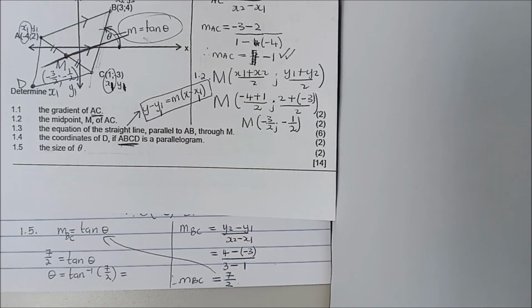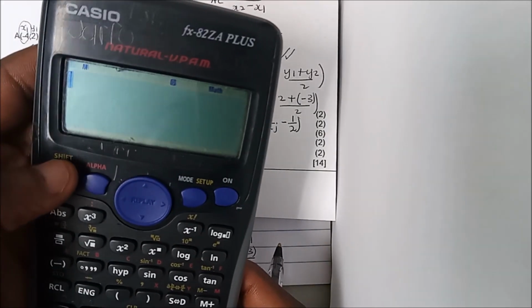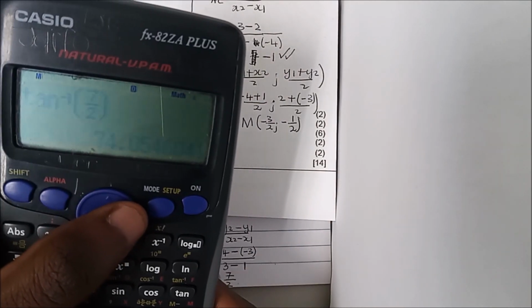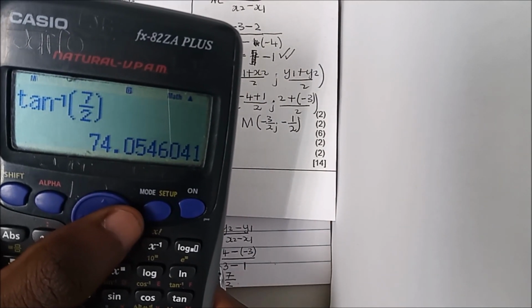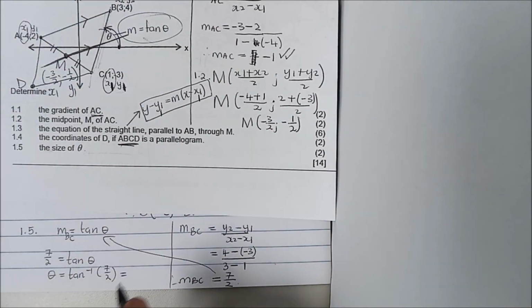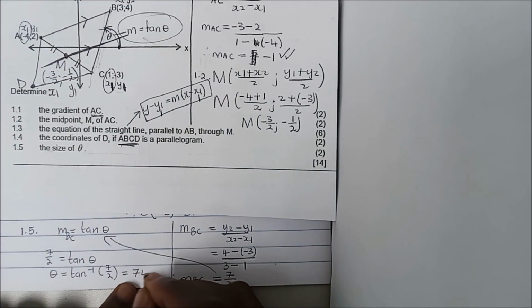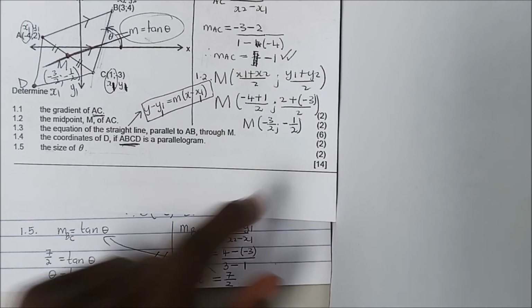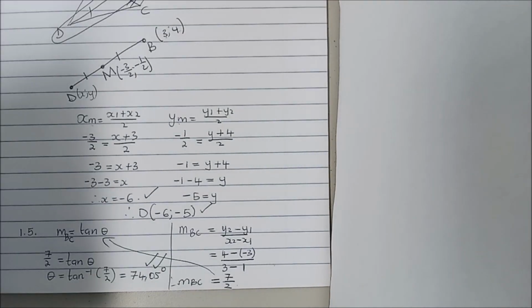And if you plug that in your calculator, using the second function tan of 7 over 2, it gives you the value of theta, which is 74.05 degrees. And then you get full 14 marks.